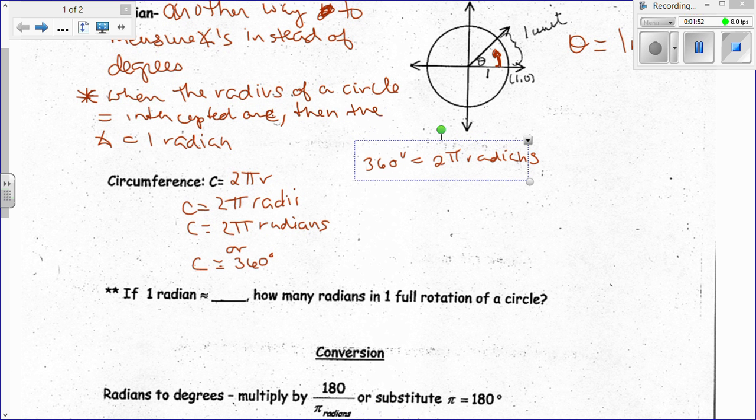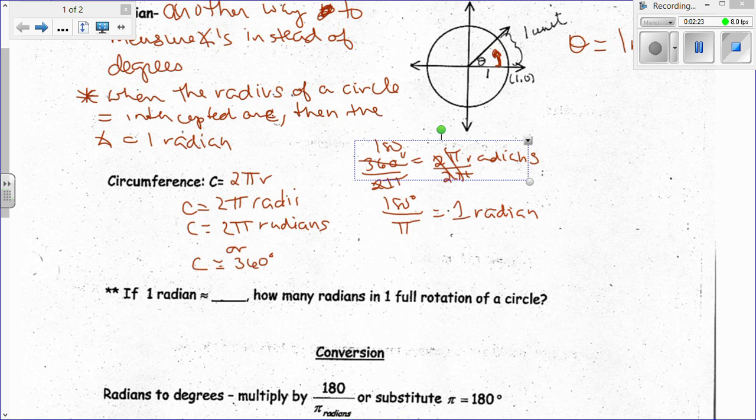And I want to get radians alone, so I'm going to have to divide both sides by 2 pi. And 2 goes into 360, 180 times. So I have 180 degrees over pi is equal to 1 radian.